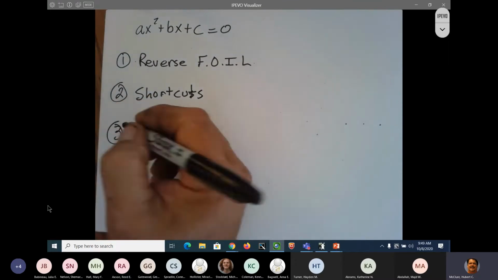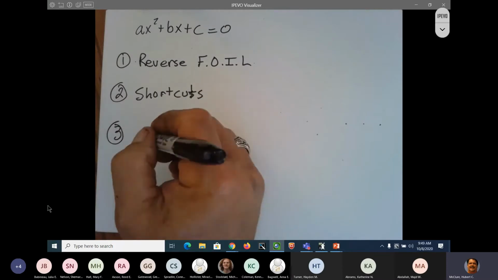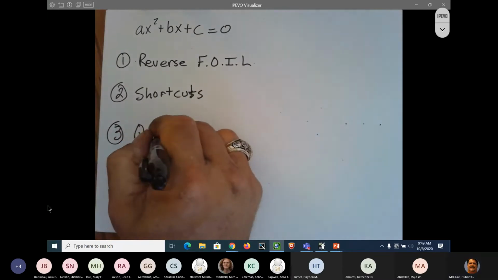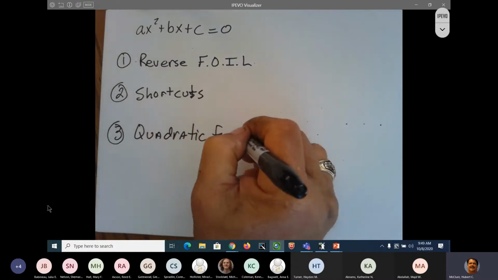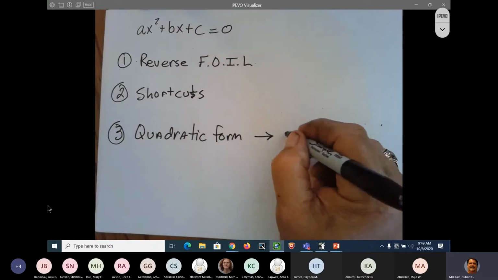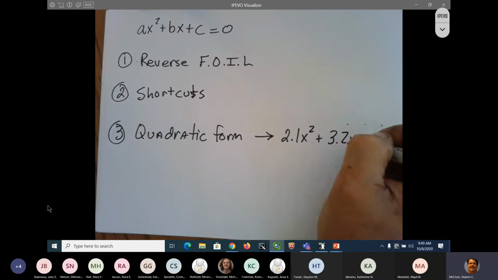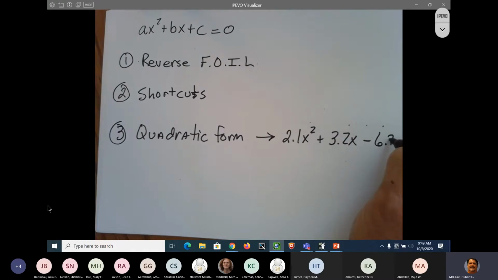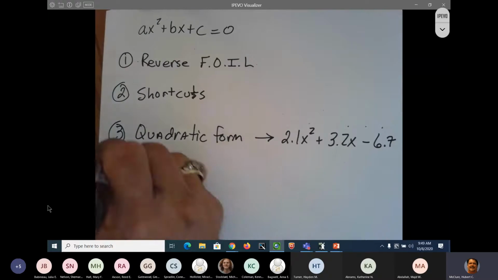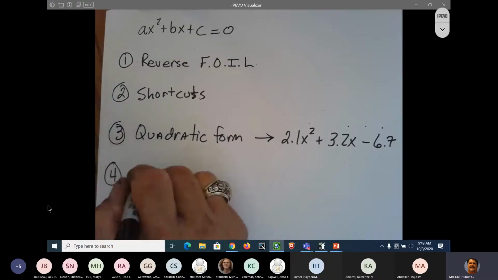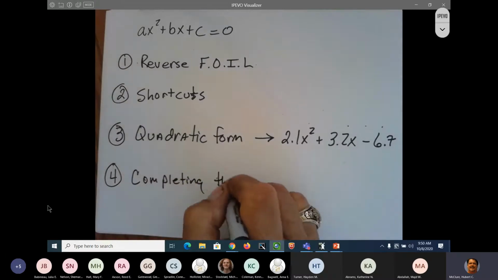Third, because you all went through high school, they drilled and beat the quadratic formula in your head. The quadratic formula, I hate to tell y'all, is only for when you have decimals, like 2.1x squared plus 3.2x minus 6.7. That's when you use the quadratic formula. And fourth, completing the square.